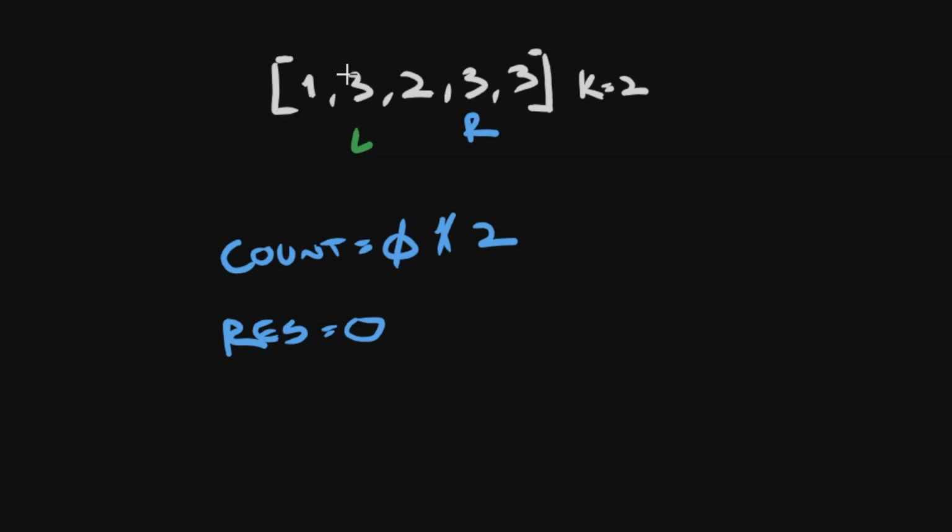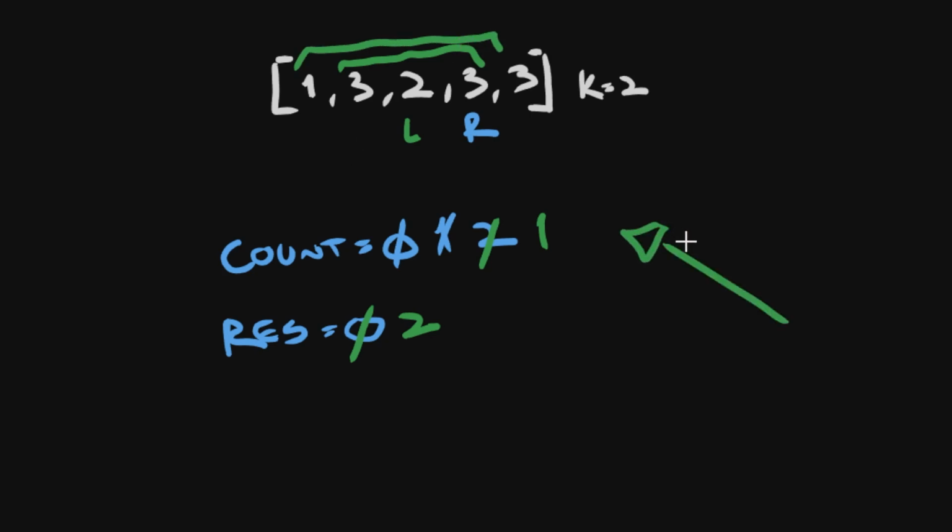Now left is here and 3 is our maximum value, so we subtract 1 from count, which is now 1, and we update left again. Now left is here and our count is smaller than k. At this point we can add left arrays to our result, and left is at index 2, so our result is now 2. And remember, this means this array is valid and this array is valid.